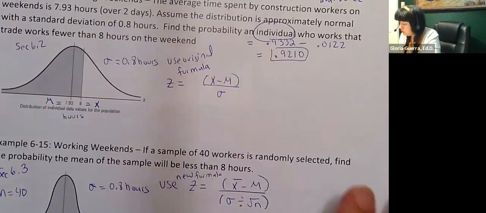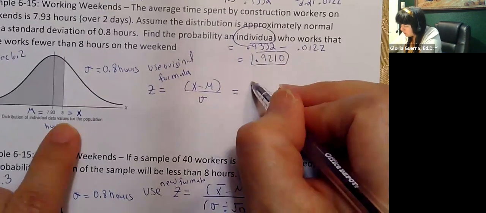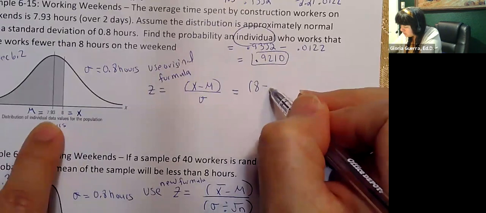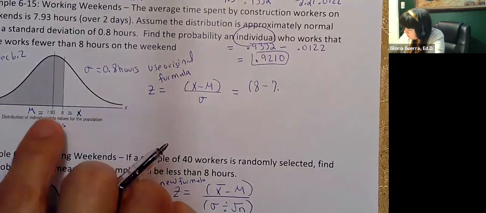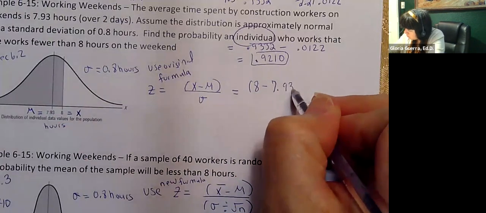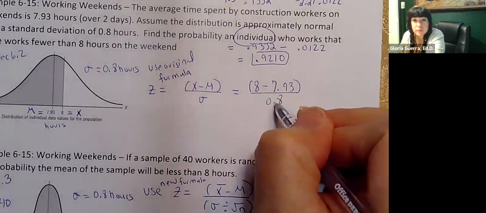Okay, so then here in this one, x is 8 minus mu, what was that, 7.93, over sigma, and sigma was 0.8. See that?